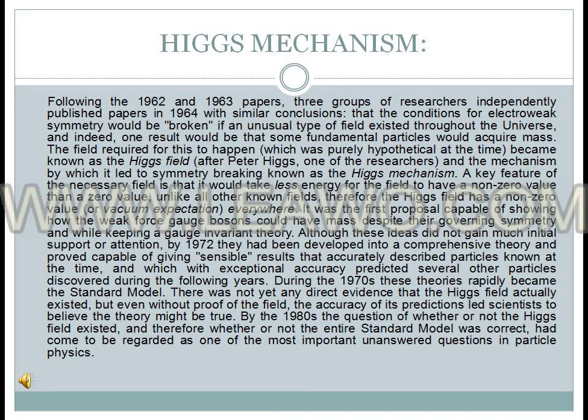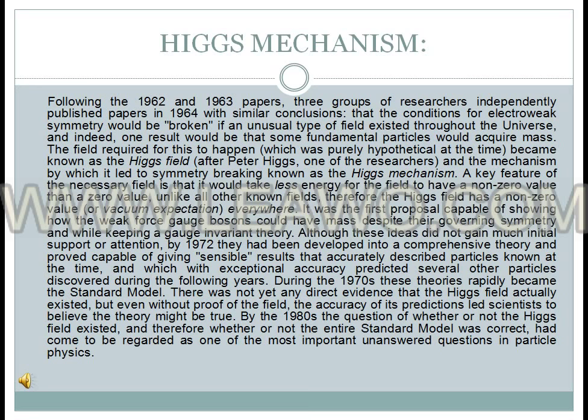Now let us understand the Higgs mechanism. Following the 1962 and 1963 papers, three groups of researchers independently published papers in 1964 with similar conclusions: that the conditions for electroweak symmetry would be broken if an unusual type of field existed throughout the universe.